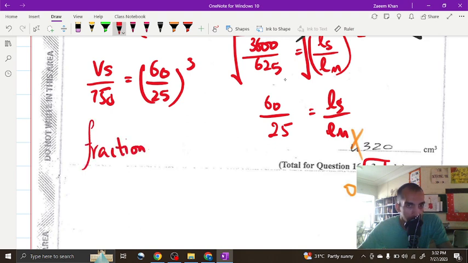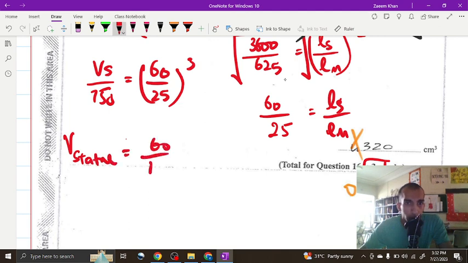Whenever we have a fraction equal to another fraction, what do we do? You cross multiply. Perfect. I would try to keep the 25 over here, because it would just complicate things. So I would only do half of the cross multiplication. Volume of statue is equal to 60 over 25 whole cube multiplied by 750.